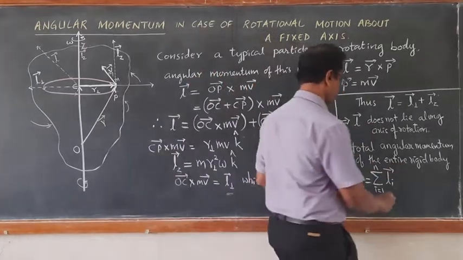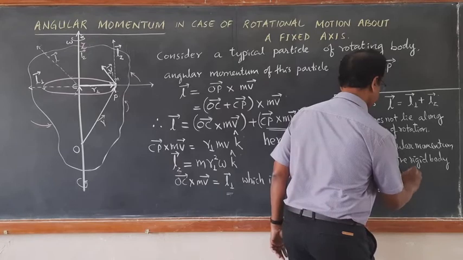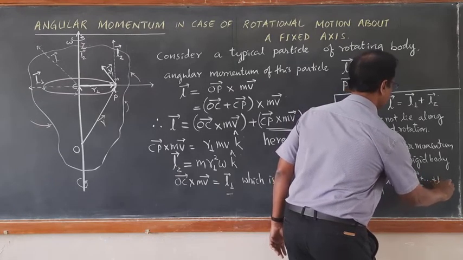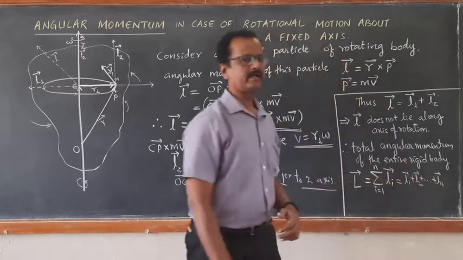So this, as I have already written, is L1 vector plus L2 vector and so on up to Ln vector. Vector sum of all is angular momentum.